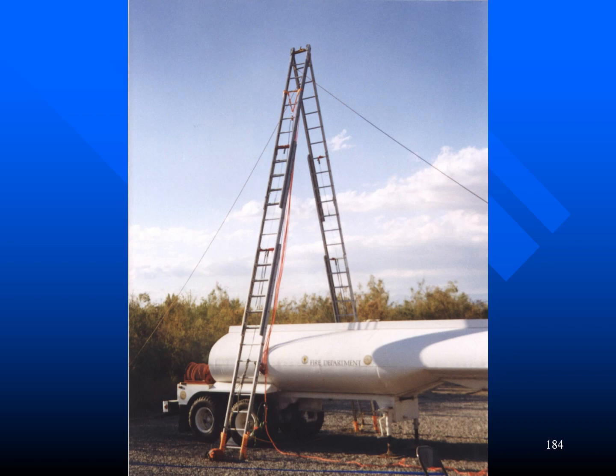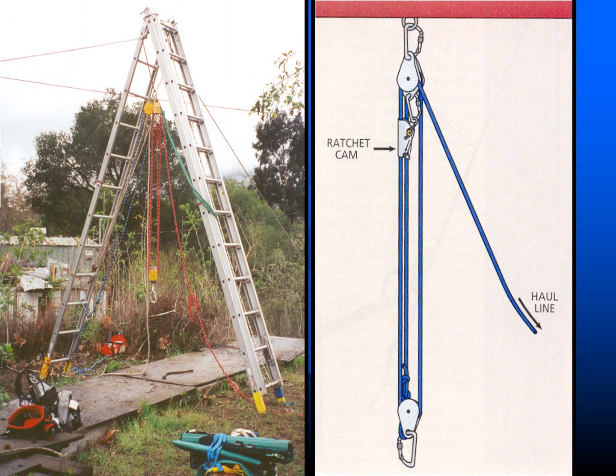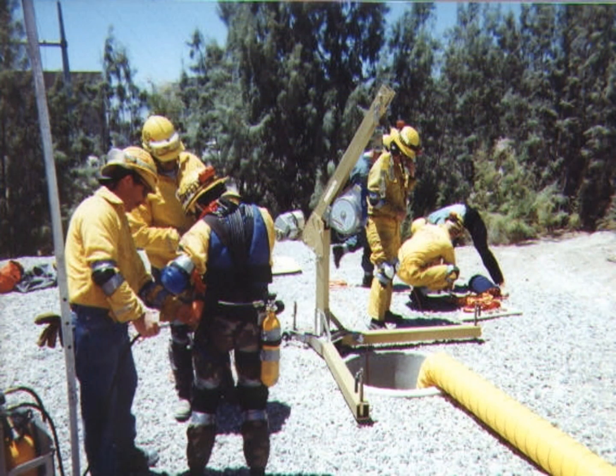Here's a ladder A-frame. Here's another example of a ladder A-frame using a ratchet cam with a haul line. And here's an example of a davit that's being used as a retrieval line.